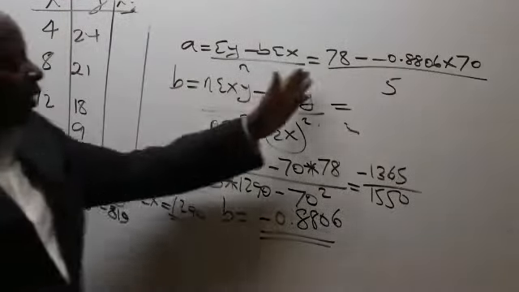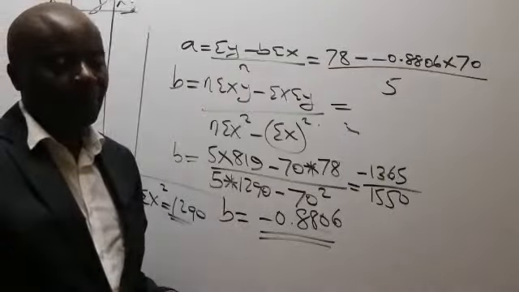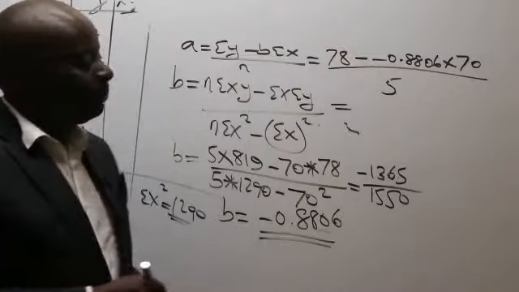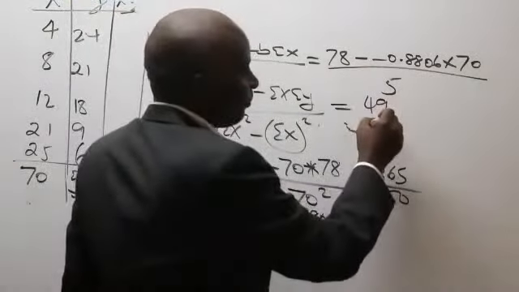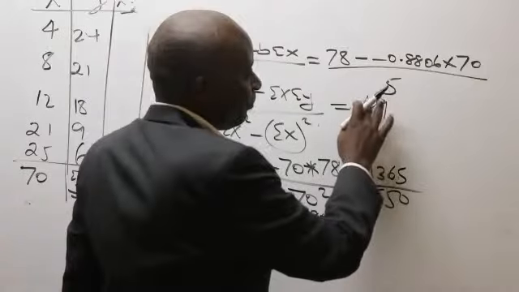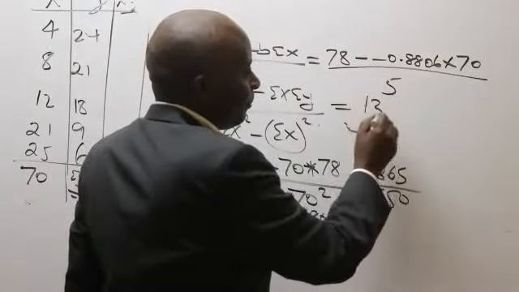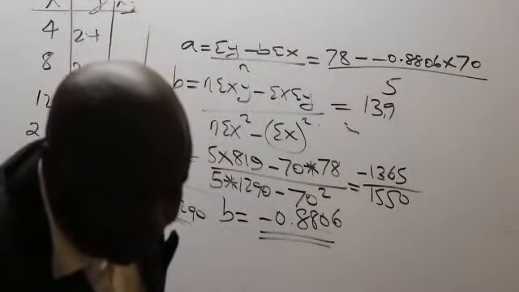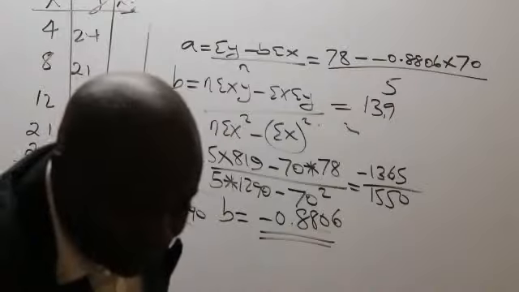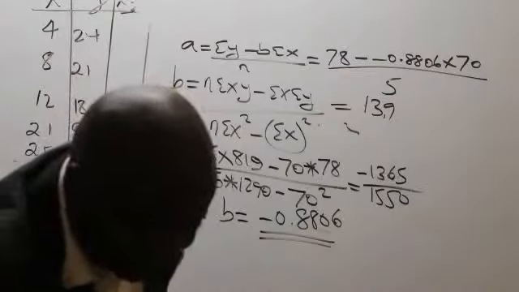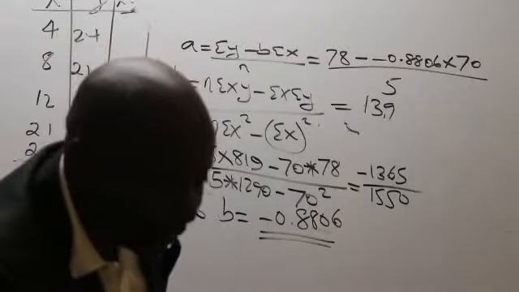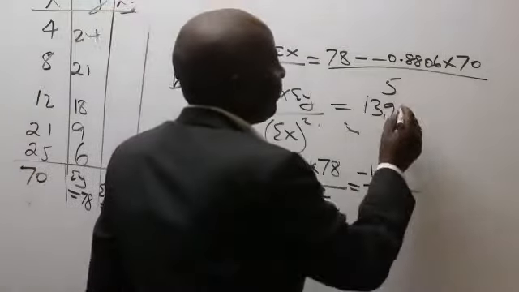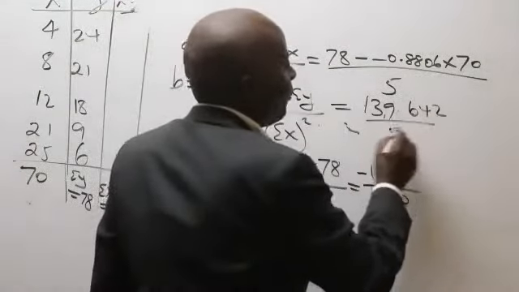So the numerator will be 78 minus minus. There are two of them. Minus minus, there are two of them. 139.642 over 5.